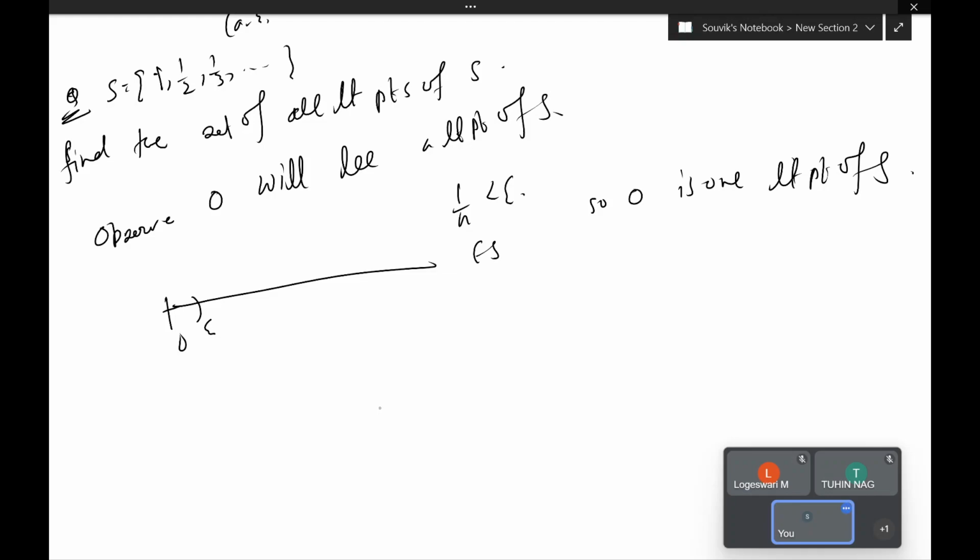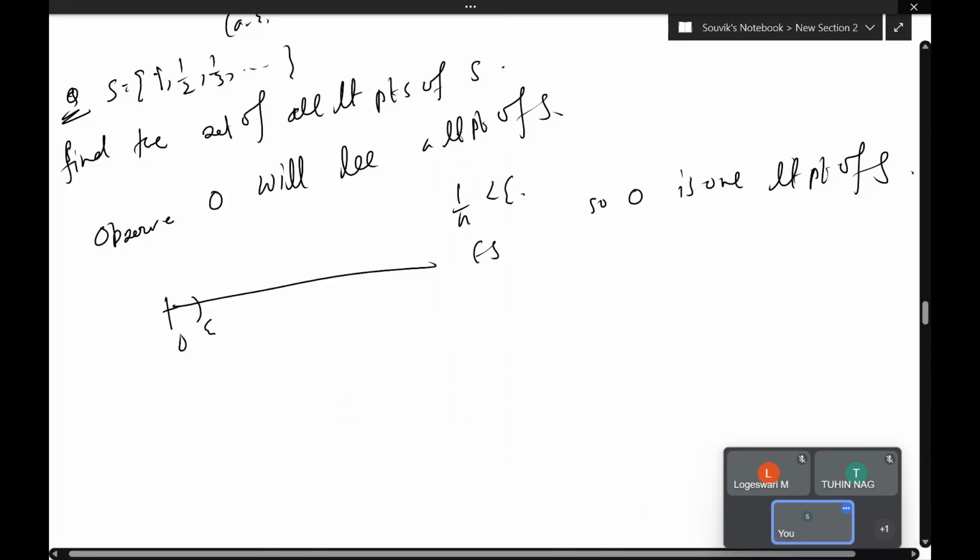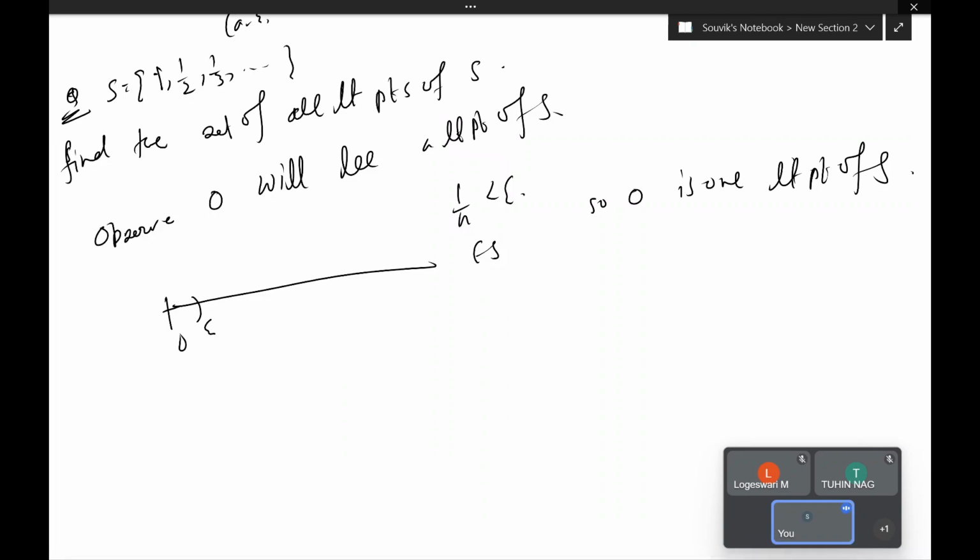Any point which is not 0, 1, 1/2, 1/3 and so on: if you choose any point like this, you can consider a small neighborhood which does not contain two successive terms. So 0 is the only limit point of S. That's why S closure equals S union 0.